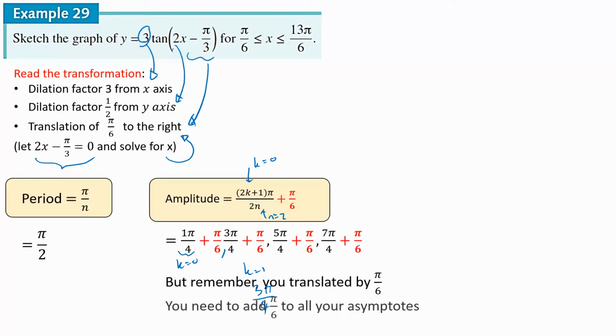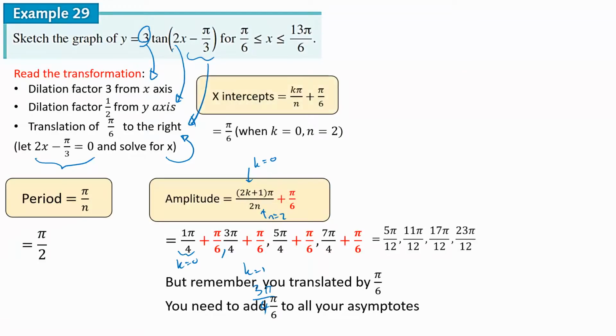Okay. And then finally, the x-intercepts. If you didn't like the approach I showed you just now, that you knew the period and you knew they're translated to the right, then you can use the formula. The formula I said before was k times pi on n, which I know k, let's say it was 0. If it was 0 and n was 2, then it's pi on 6.